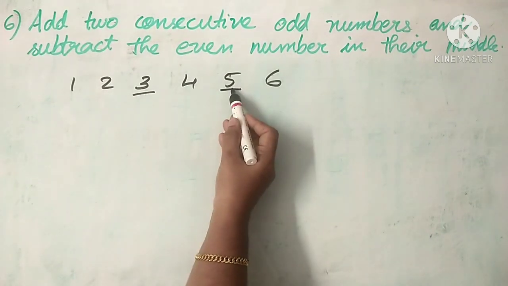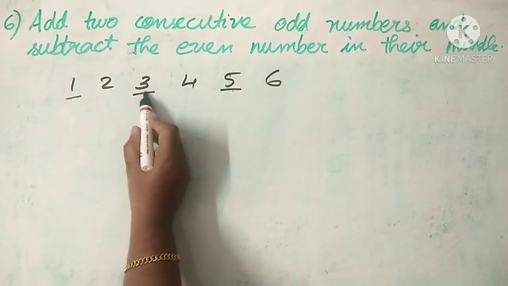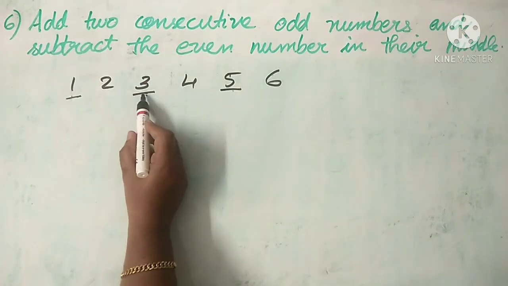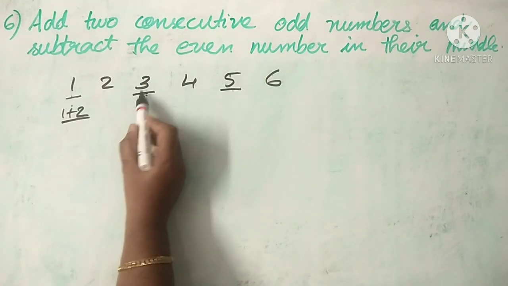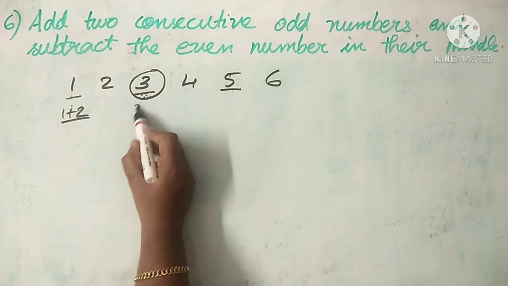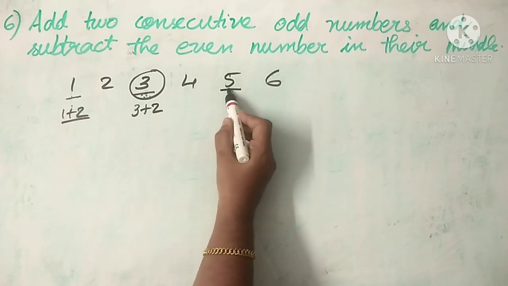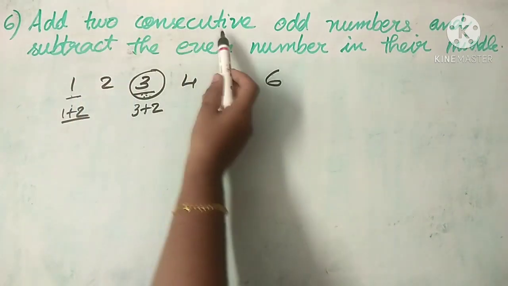If I am taking 1, the next odd number is 3. 1 plus 2 gives 3. If I am taking 3, the consecutive odd number is 3 plus 2, that is 5. Clear?